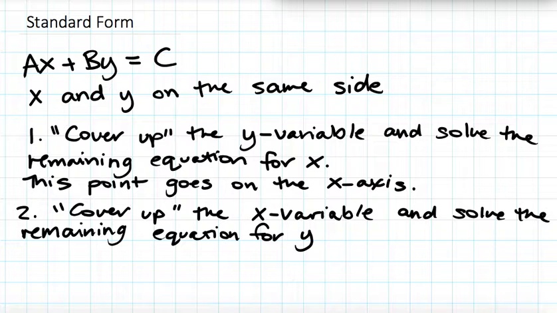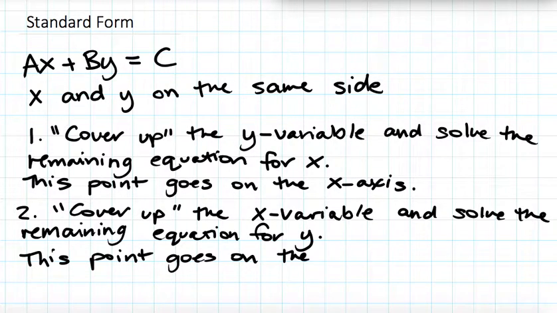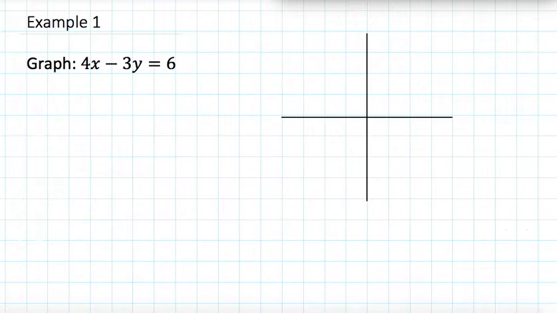So you're going to get an equation, y equals some number. That point is going to go on the y-axis. Once you have these 2 points, you're just going to draw a line between the 2 points to make your line. So we're going to look at example 1 here from the book.